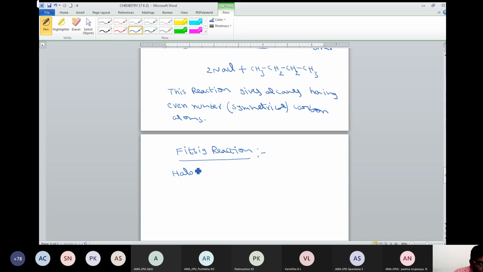Haloarenes combine with sodium in presence of dry ether.